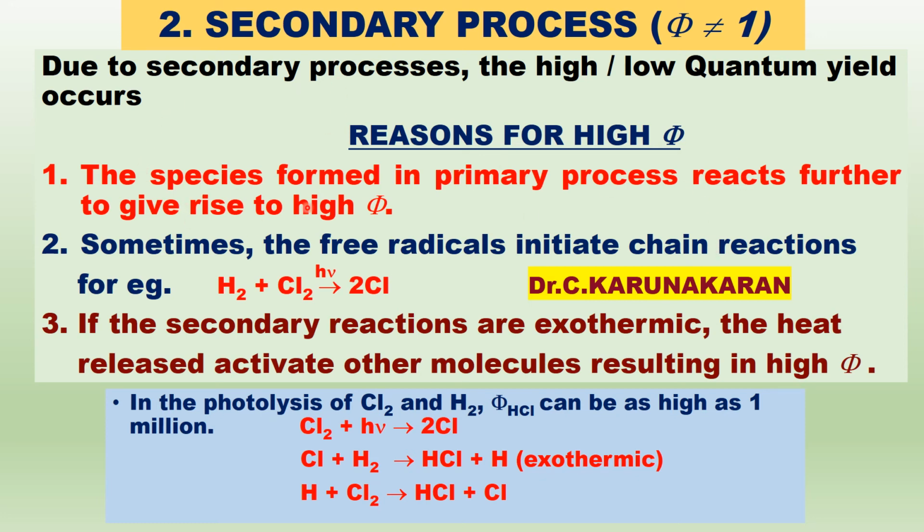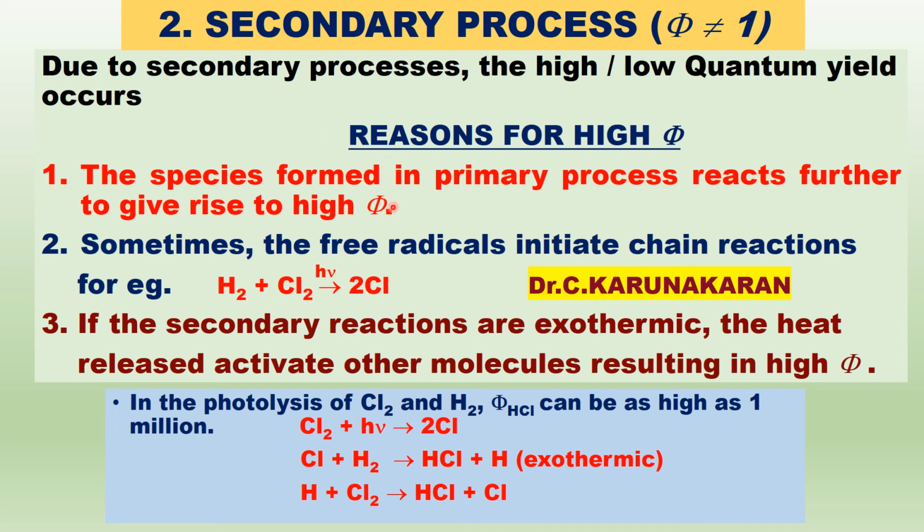Because of the secondary process, the species formed in the primary process react further to give rise to high phi. The excited molecule is not converted to product, but instead it reacts further with other molecules to give rise to high phi.